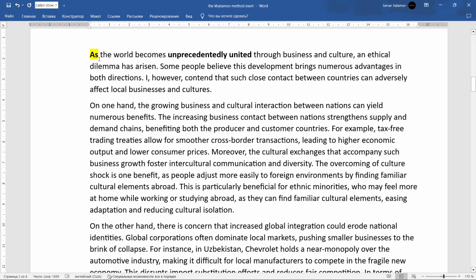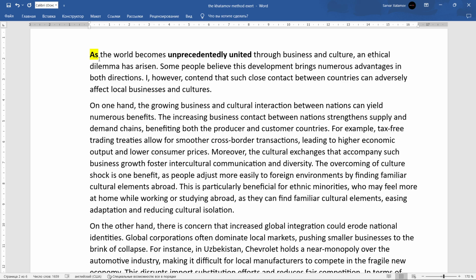So as can be used in reason and time clauses. Then that's why I decided to use as, because it's multifunctional. And here, you can't really tell which one it is, right? So it kind of creates this blend between time and reason. That's why I took as here.